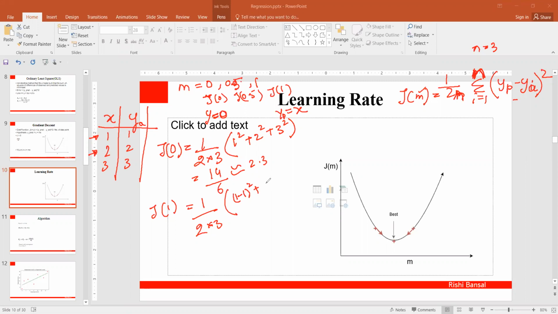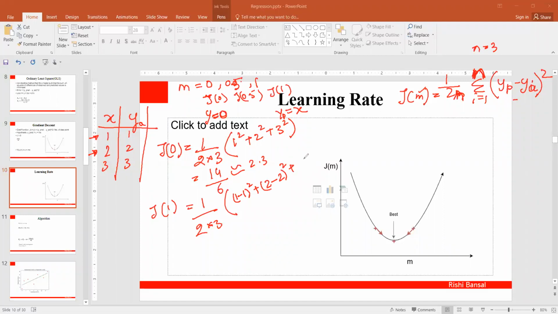Sorry, what? 2 minus 1 square, right? Why 2 minus 1 square? Your y predicted is what? When your x equal to 2, what is your y predicted? 2, correct. And what is your actual y? 2. Okay, yeah, sorry.